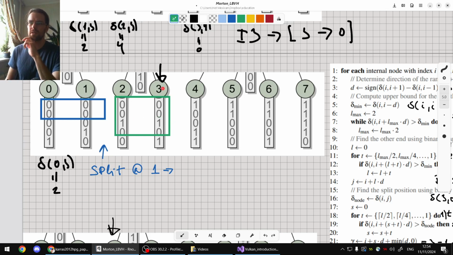And we want to start at 3 and start traversing to the left, searching for when this minimum bound will be encountered. Stepping to the right, you see the common head is 4. It's much better than the minimum bound, which is 2, but then it will jump to 1, and suddenly the common head becomes 2. So it's a signal that there's some shift in this distance representation, and that we have to actually put a split here.